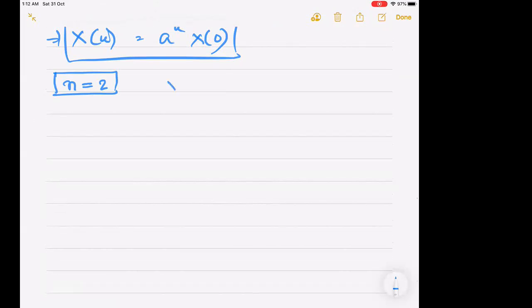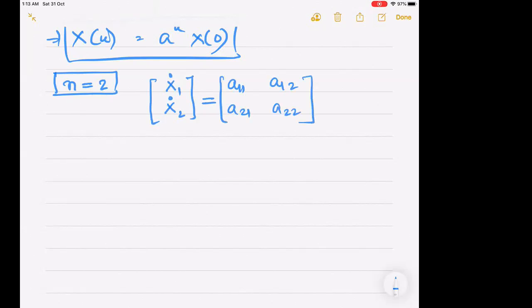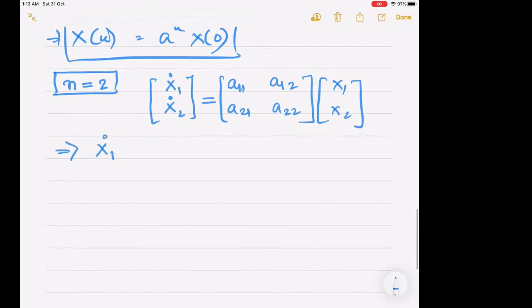Notice that now, because n is equal to 2, I have x1 and x2, two components, and the differential equation is going to look like a11, a12, a21, a22 times x1, x2. Expanding, what we're going to get here is x1 dot equals a11 x1 plus a12 x2, and similarly x2 dot is equal to a21 x1 plus a22 x2. And the question is, how do we solve this?